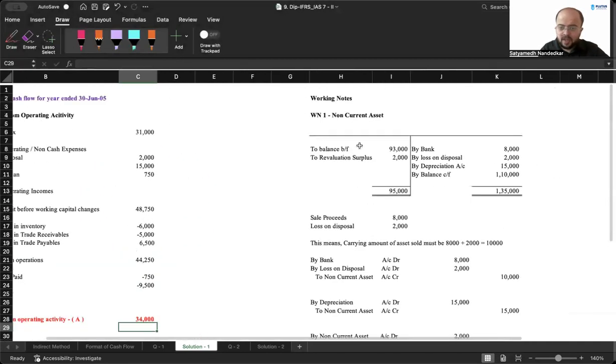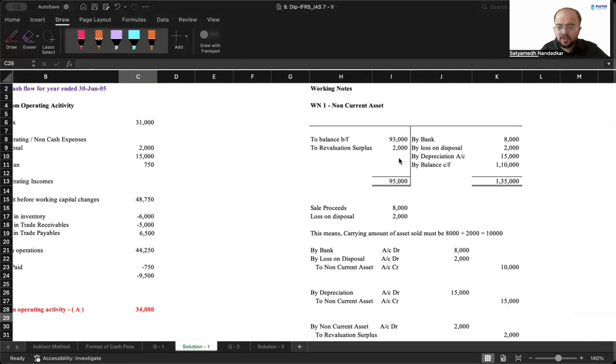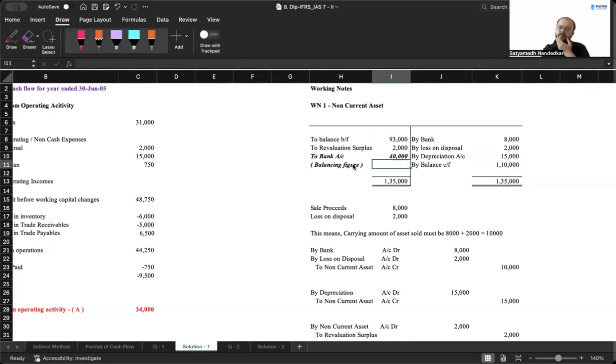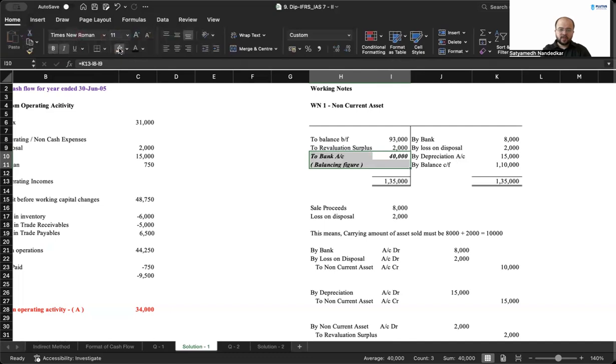34,000. Now we have still not closed this particular account. Let's see how to close this. To bank, that would show you the amount spent on purchase of a new asset. 1,35,000. 40,000 is the amount of cash that has been spent on purchase of a new asset.